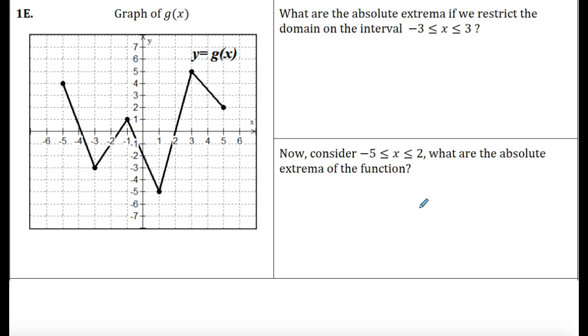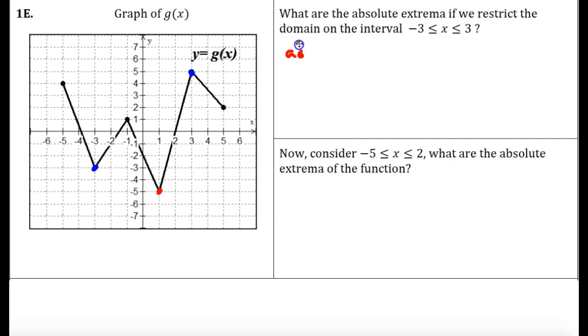All right, so if we just look at this graph from -3 to 3, that means I'm starting here and ending here. So the smallest value that I reach on that piece of the graph looks like it would be right here. Right?